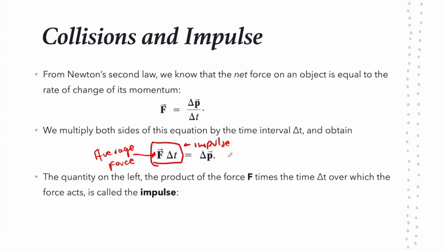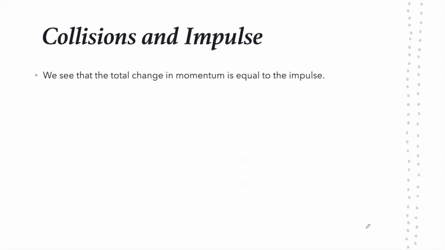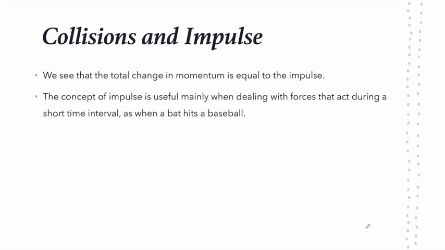So I can rewrite this equation as impulse equals F delta t, or I can also say that impulse is equal to the change in momentum. Either one of these works perfectly well, right? They are both definitions of impulse. So we can see that change in momentum is equal to impulse.